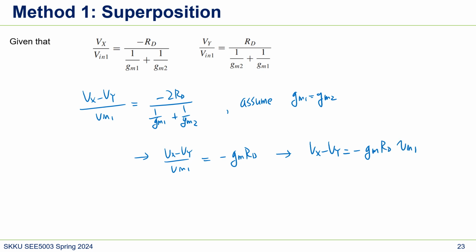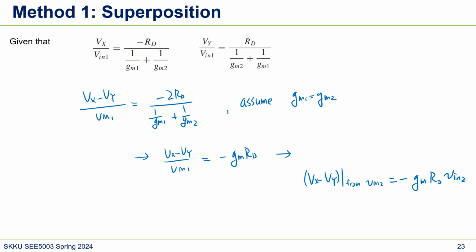But another one is Vx minus Vy, let's say from Vin2. This is also the same, right? So that's where we use superposition. Let's rewrite it.